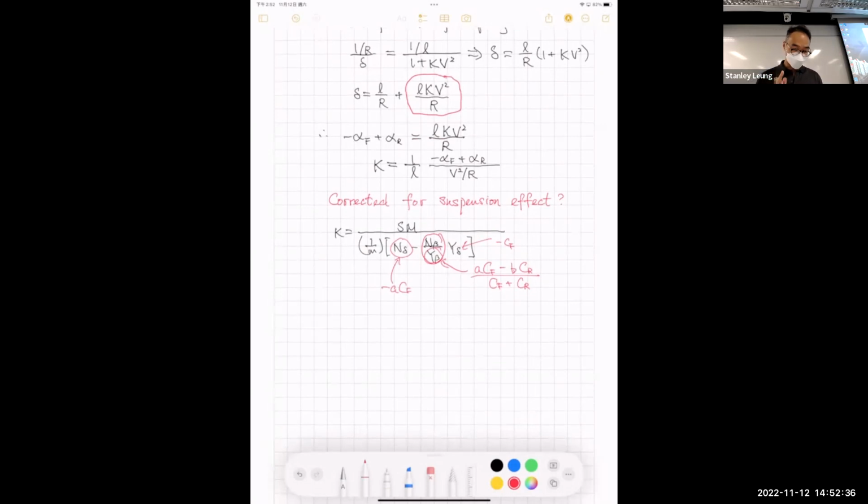So we try to translate it back to cornering stiffness so that we can measure.